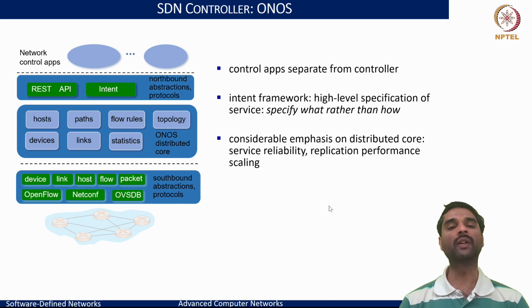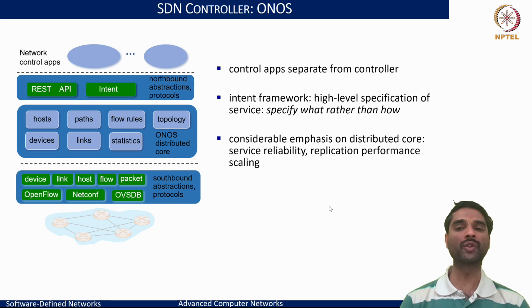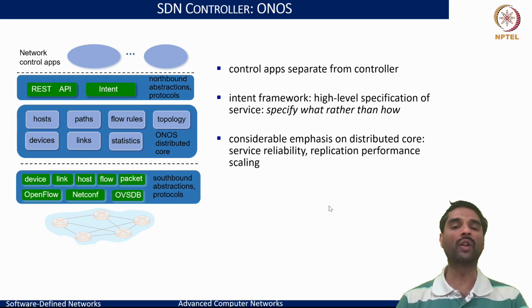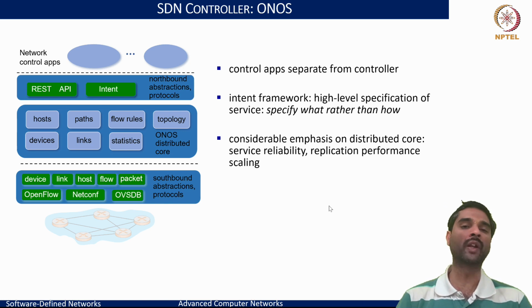The intent can then be programmatically assembled and understood by the network operating system to work out how things can be achieved and what operations it needs to do, in a very transparent manner, so that it really lifts the burden on the network operator to understand the how aspect of dealing with the networking devices.